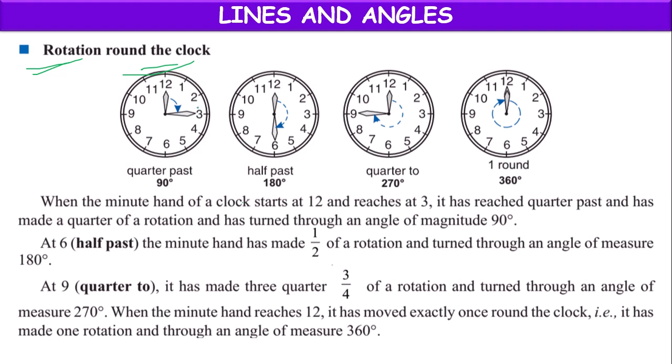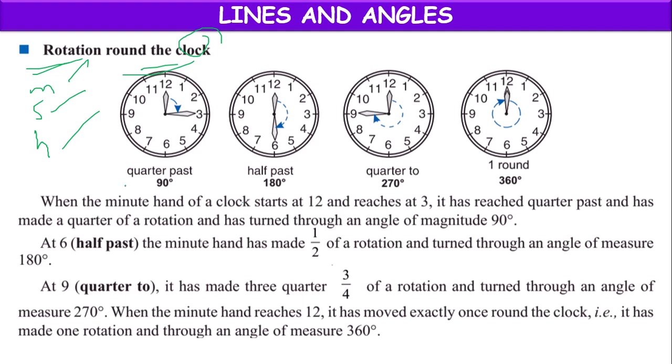It will be having numbers calibrated around the circle, starting from 1 to 12, and it will be having some hands, like minutes hand, seconds hand, hours hand, for representing the time in seconds, minutes, and hours. So let's learn about angles using the clock.